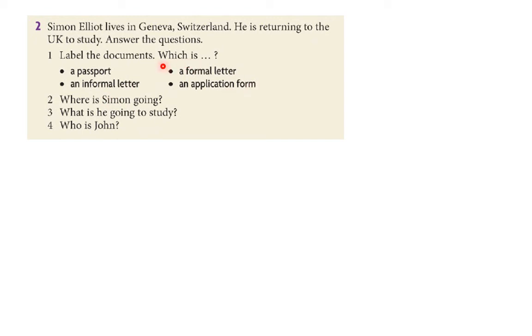In the first question, they ask us to label the documents. So in this question, we need to use skimming in order to know which one is a passport, which one is a formal letter, and so on.